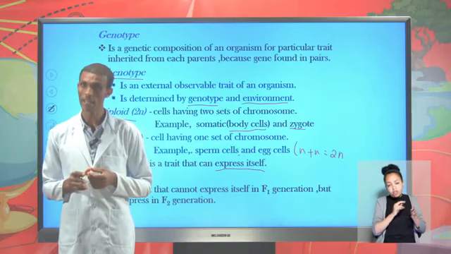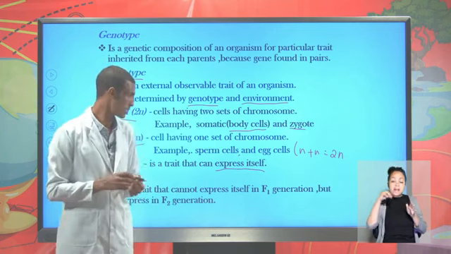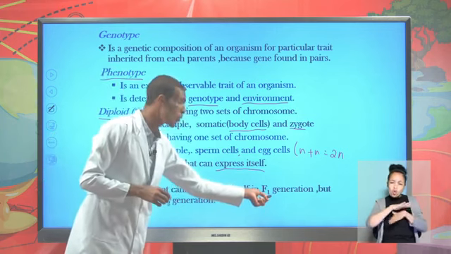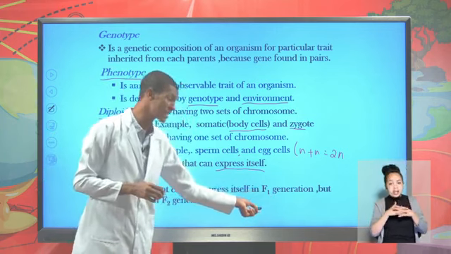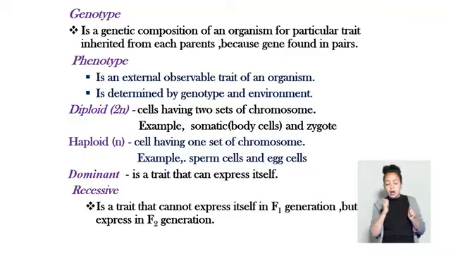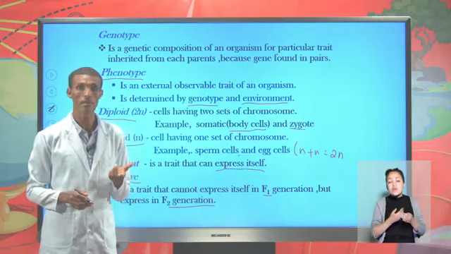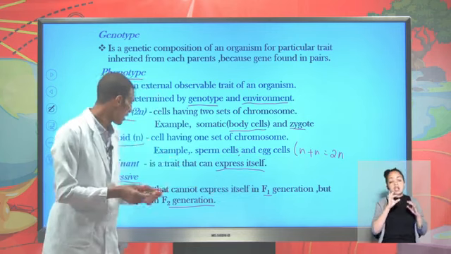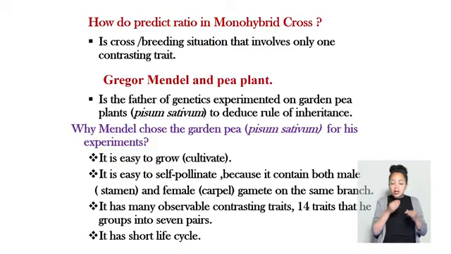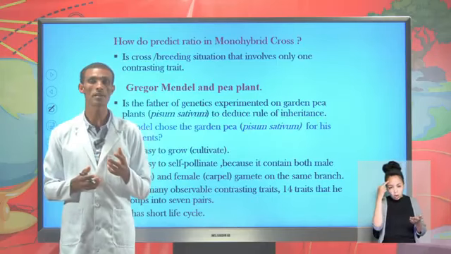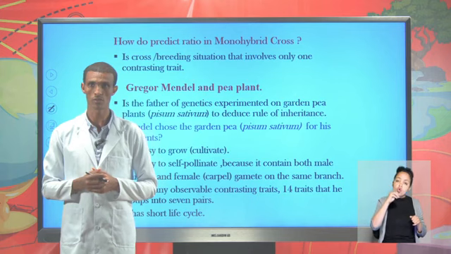For example, in a Mendelian cross, when a homozygous character and another homozygous character are crossed, the recessive character is masked in the F1 generation but can be expressed in the F2 generation. Recessive character masked in F1 generation and expressed in F2 generation. Mendel proposed two main crosses, that is monohybrid and dihybrid cross.